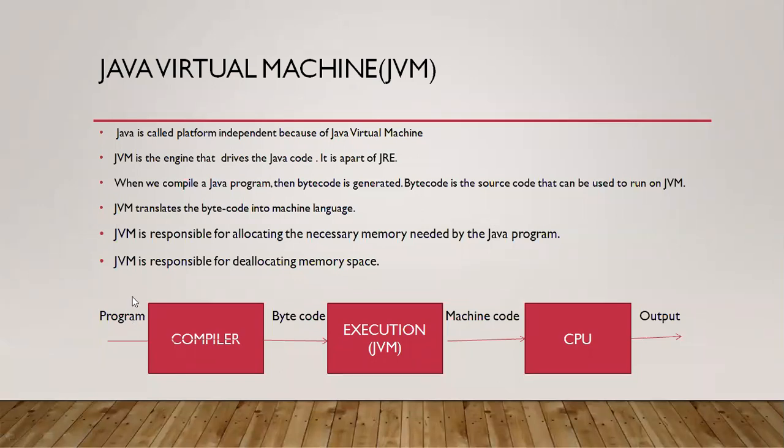A Java program is saved with the extension .java. So what is the program name here? Addition.java. Clear? That addition.java program is sent to a compiler unit.